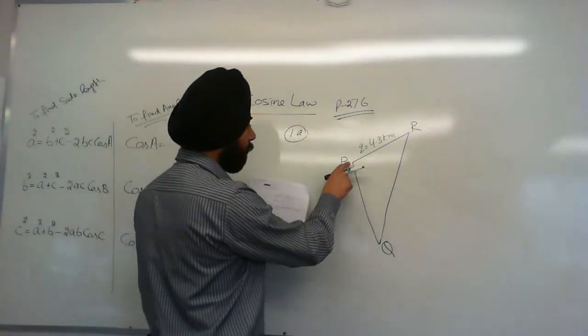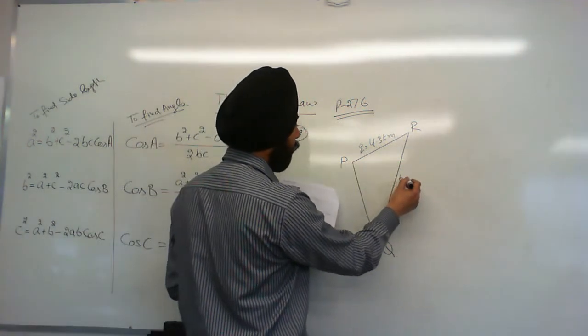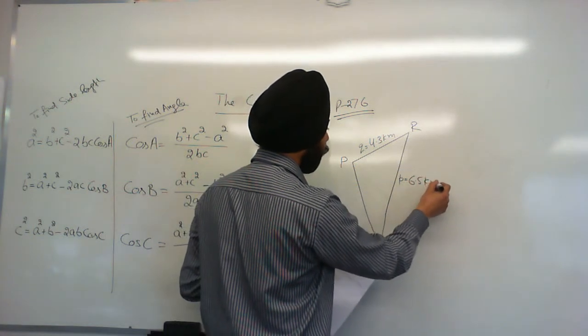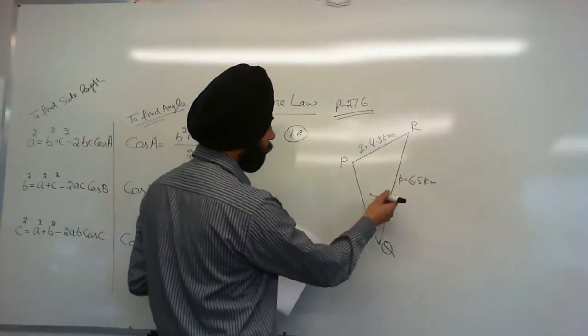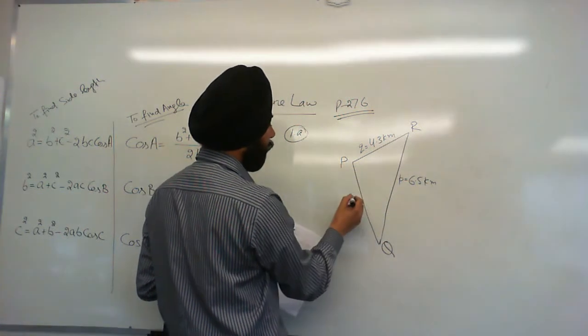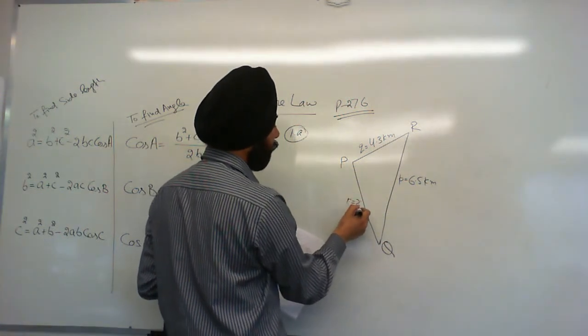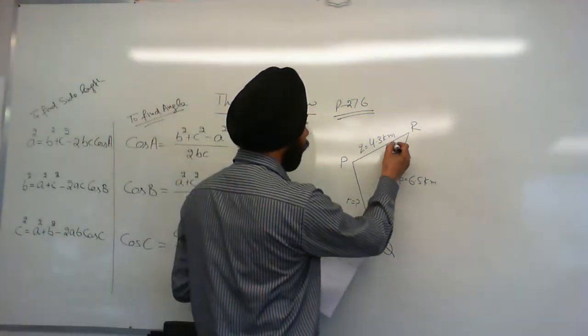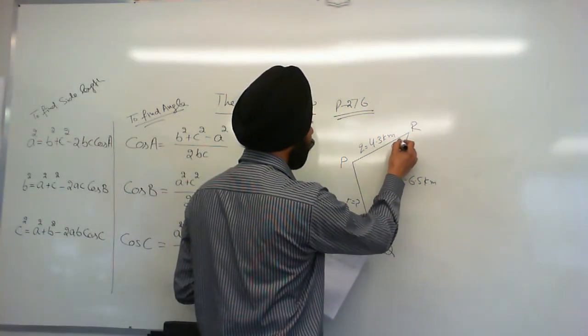And if this is angle P, this side will be small p, and this is equal to 6.5 kilometers. This side is in front of angle R, so you call it small r. You have to find it. Angle R is given as 61 degrees.